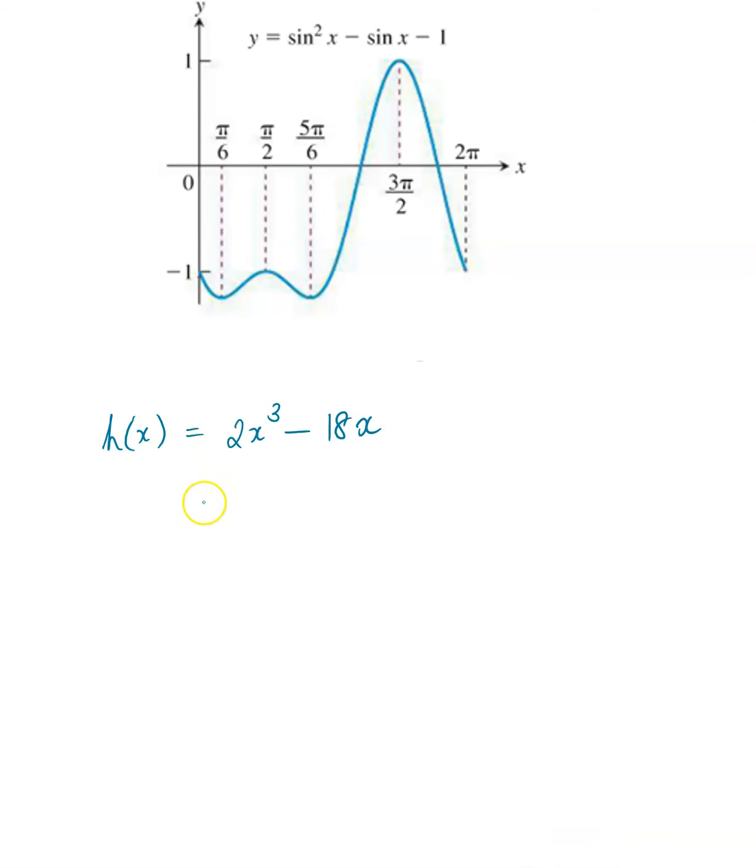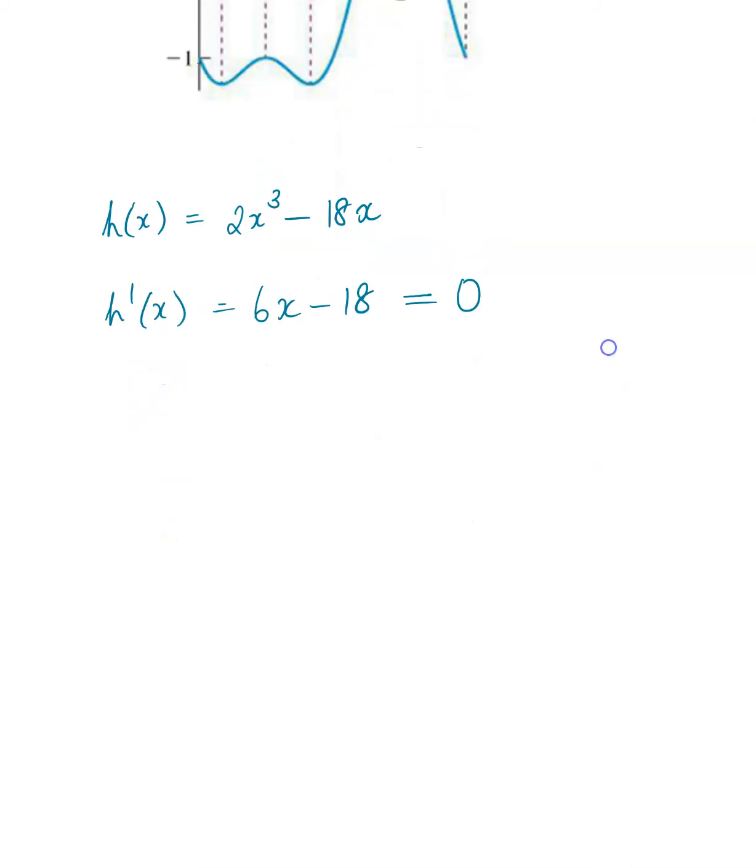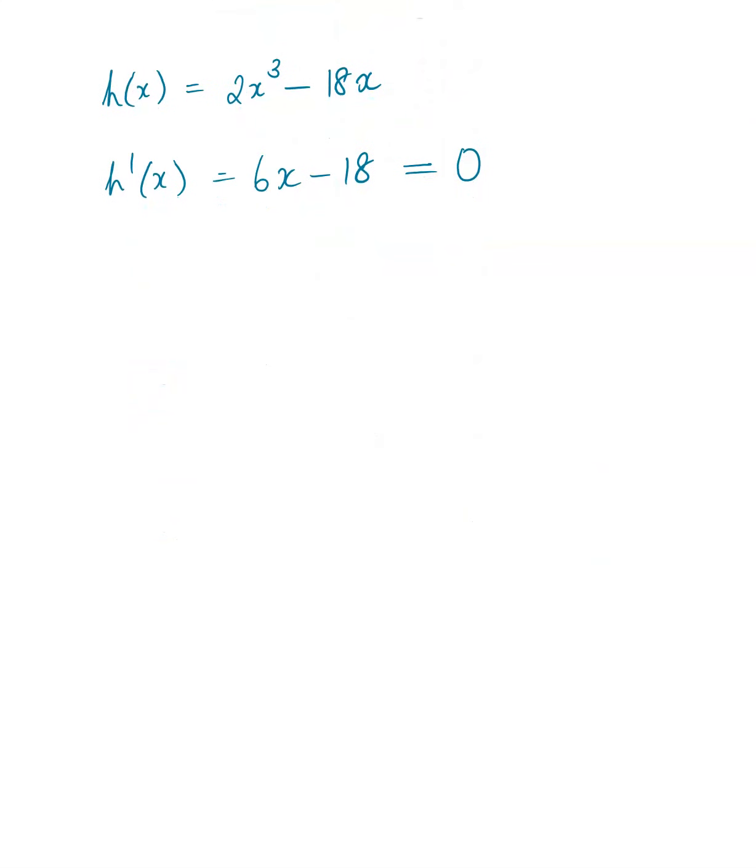Now we have h prime of x, which is 6x squared minus 18. I'm going to make it a little quicker here because I've explained the process enough that we can skip too much explanation. So x squared equals 3, which means x is plus or minus root 3.